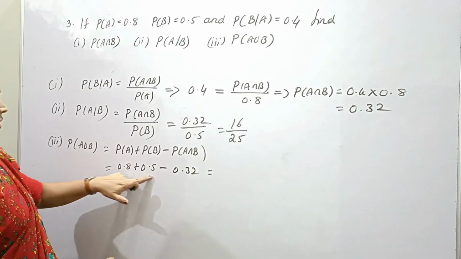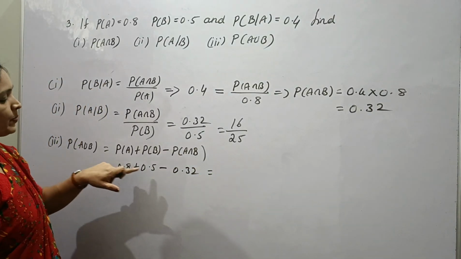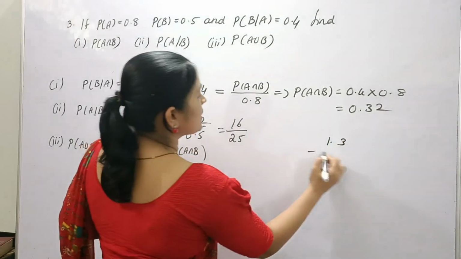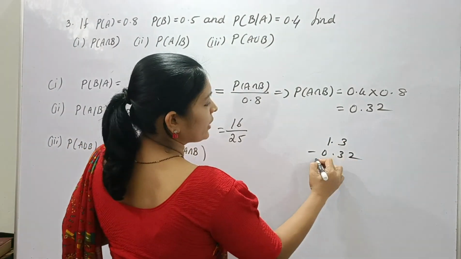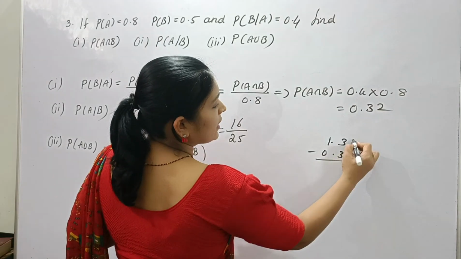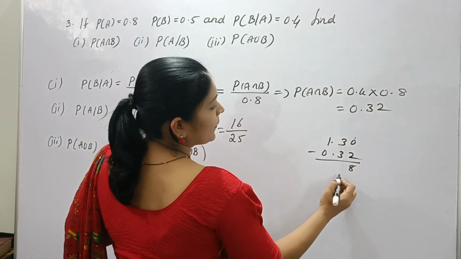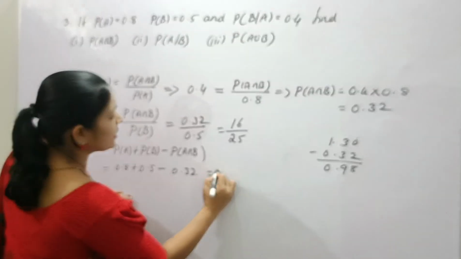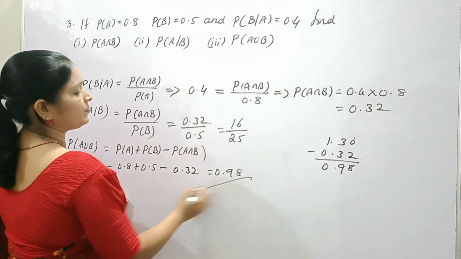See, 0.8 plus 0.5 is 1.3, minus 0.32, that is 0.98.